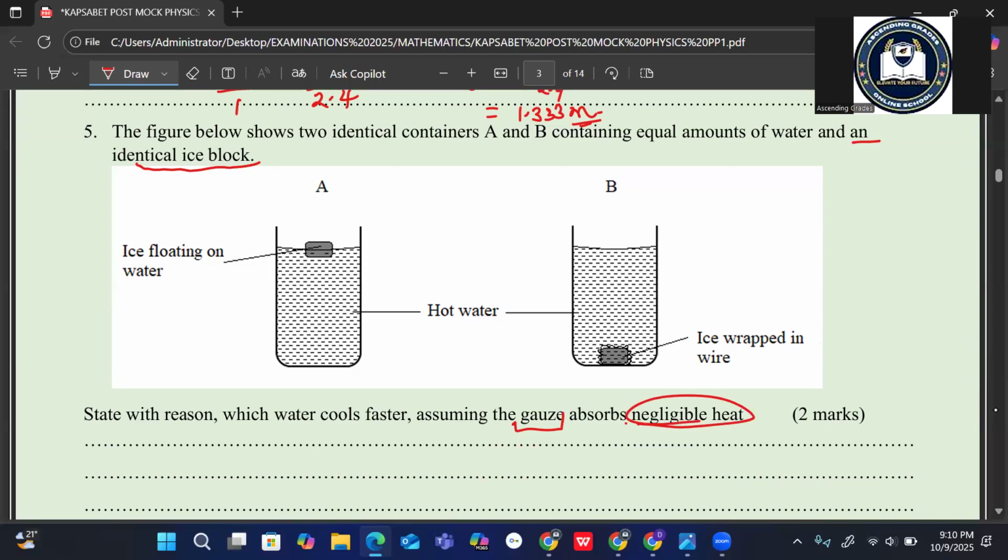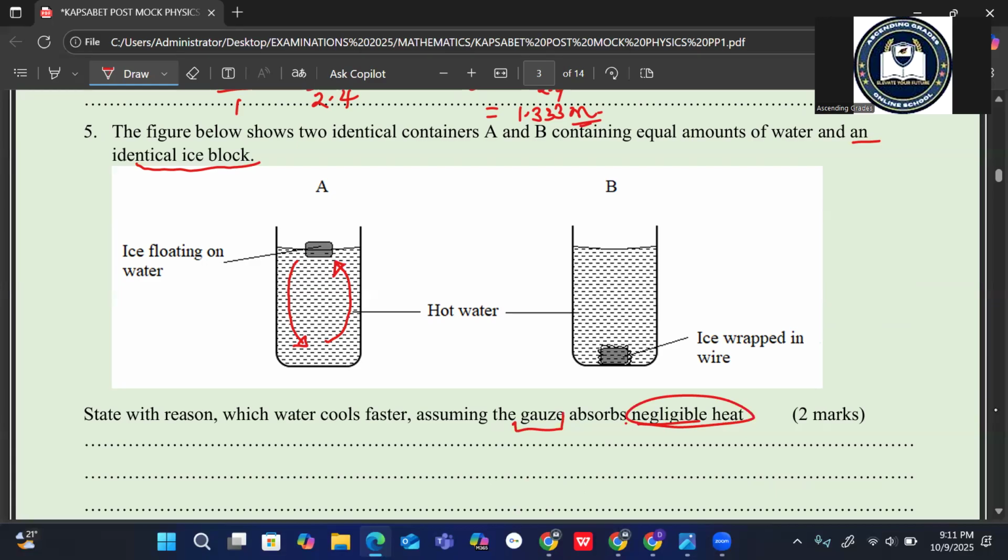Then we are assuming that it is not absorbing any substantial amount of heat. So in A, since the ice is floating on water, we expect the top water to be cooled, increase in density, and then move down. In short, it is going to create convectional currents. So we expect A to cool very fast.